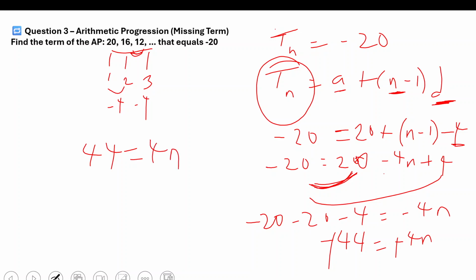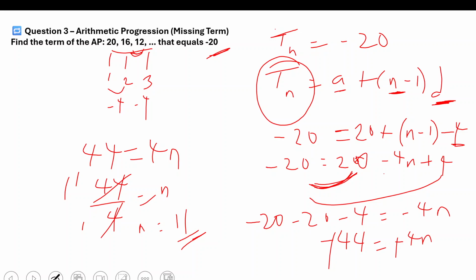Divide both sides by 4: 44 over 4 is equal to n. So 4 cancels and I have 11. n is 11. So the 11th term is where we have minus 20. That is the interpretation.